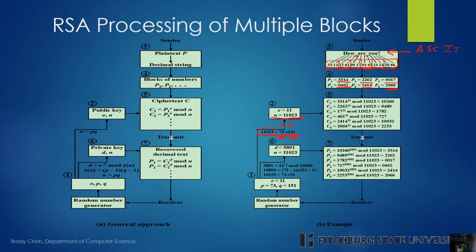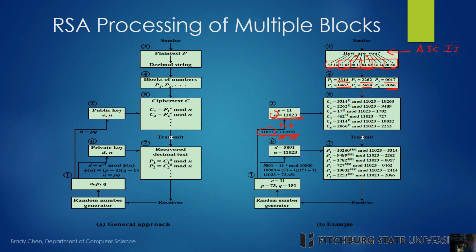So the whole message is split into 6 blocks. Each block is smaller than the value n, because n is 5 digits and each block is just 4 digits. So then we do the encryption.